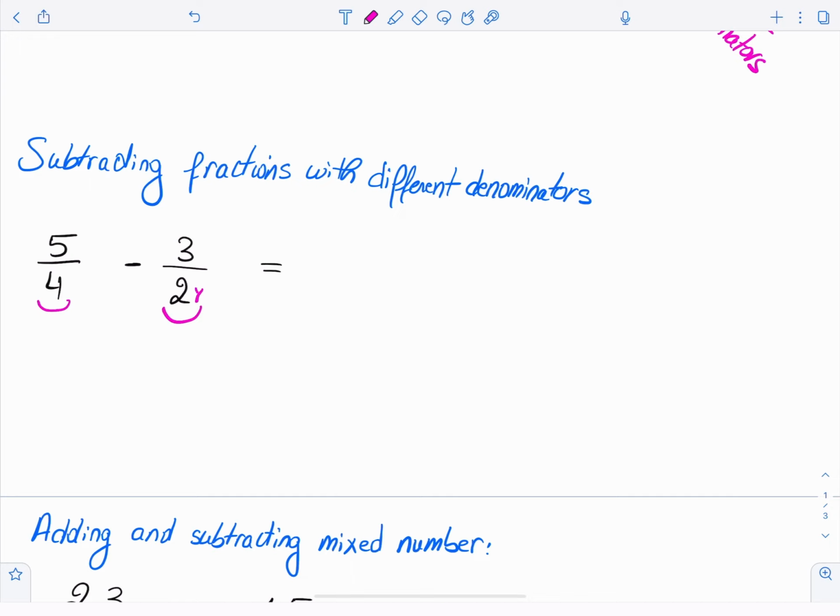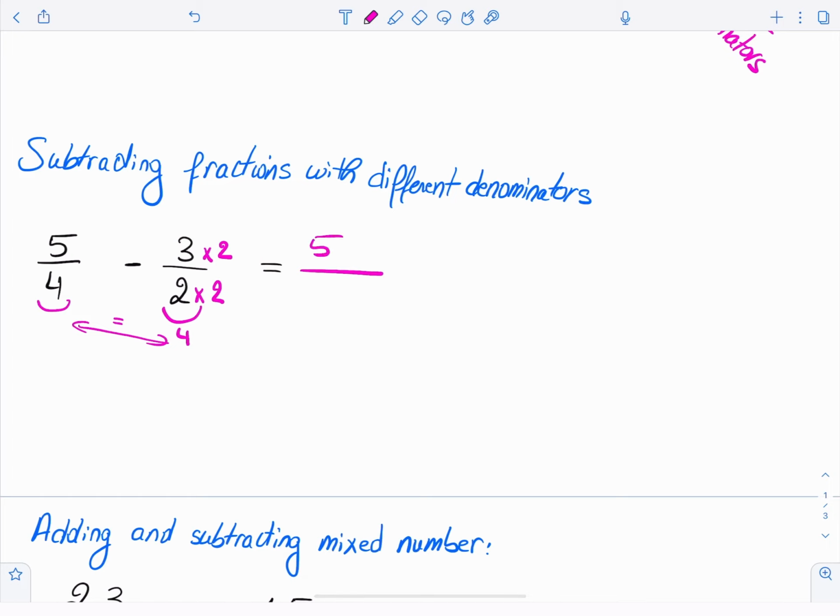If you multiply this by 2, you will have 4, which is the same denominator. So you don't need to go and change the first fraction. Okay? Always try to focus and choose the easiest and fastest option.